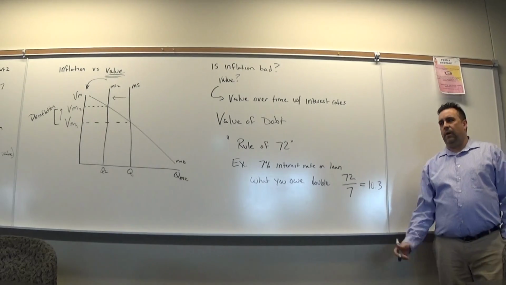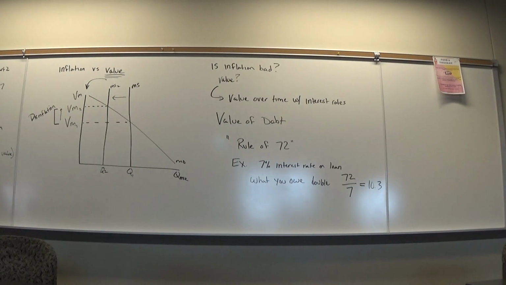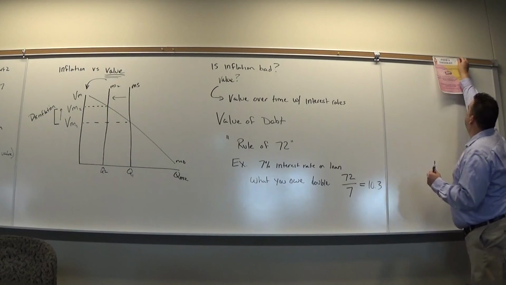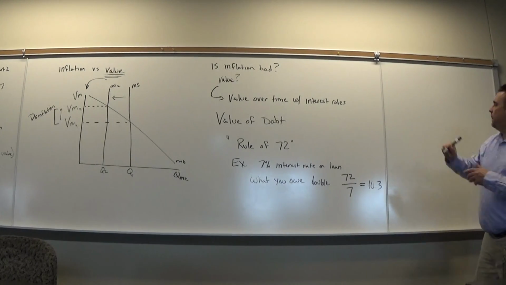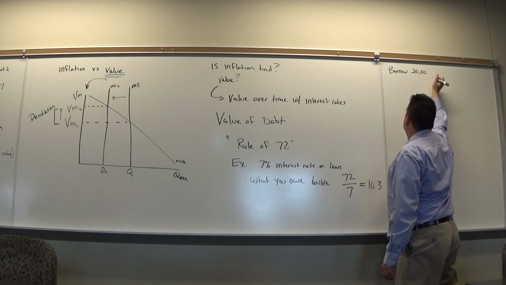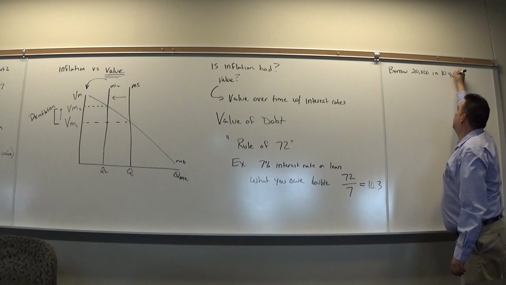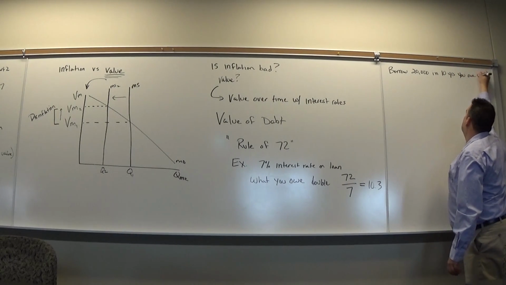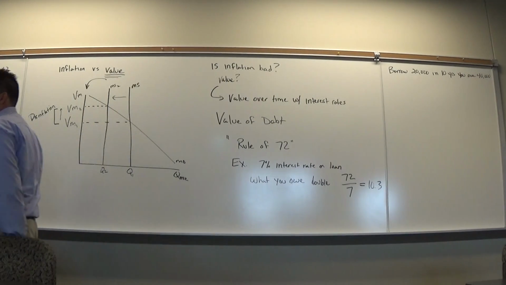So again, the rule of 72 generally seems to work. So every 10.3 years at a 7% interest rate, the amount of your loan doubles. So if you borrow $20,000, and I'm just going to be loose and call it 10 years, you would owe $40,000, assuming you didn't make any other payments or borrow any additional.